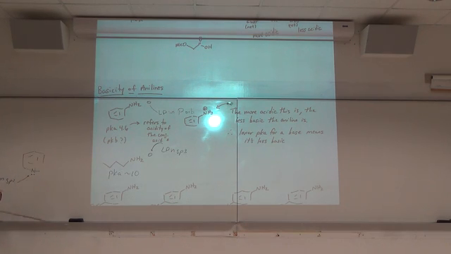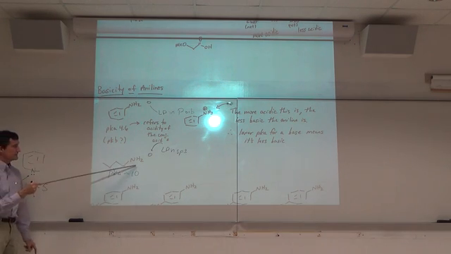More s character, holds its lone pair tighter. Less basic. But this is a pKa. Is it going to be higher or lower than that? Lower. It's about 5. It's actually pretty similar to aniline, maybe a little bit more basic. Not as basic as this guy.